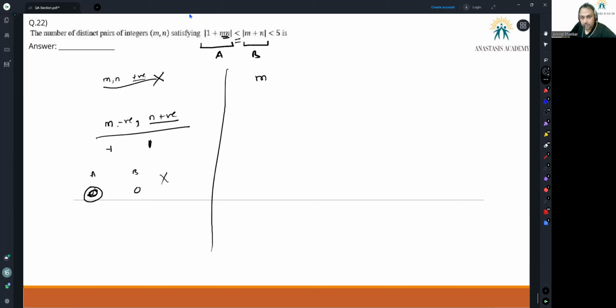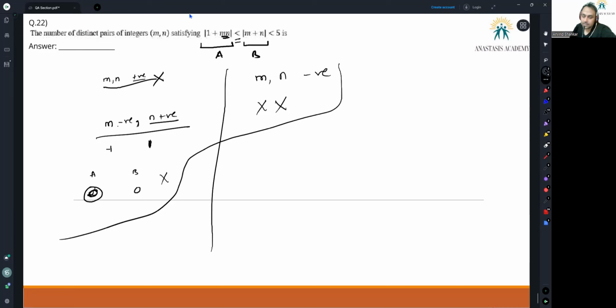And then if I took M and N both to be negative, again, same machinations and manipulations, you will see the condition will not get fulfilled. These are the three cases that you can potentially think of, an error-prone way of solving it. You will think of these and say, okay, we can't really do it.